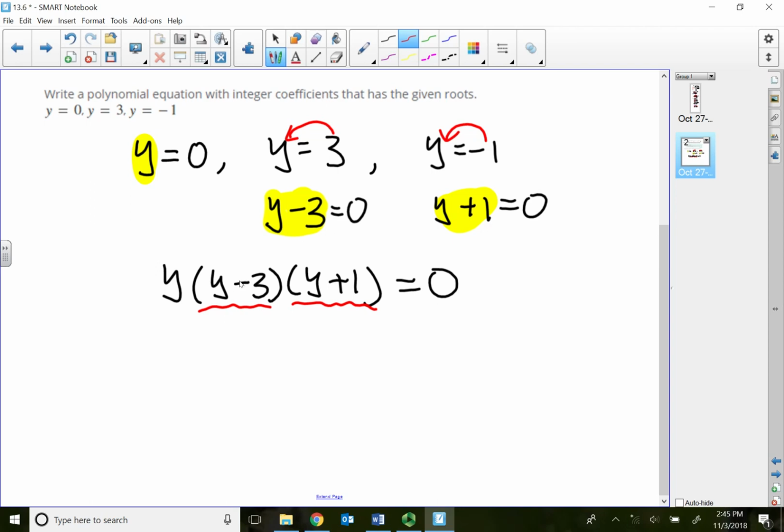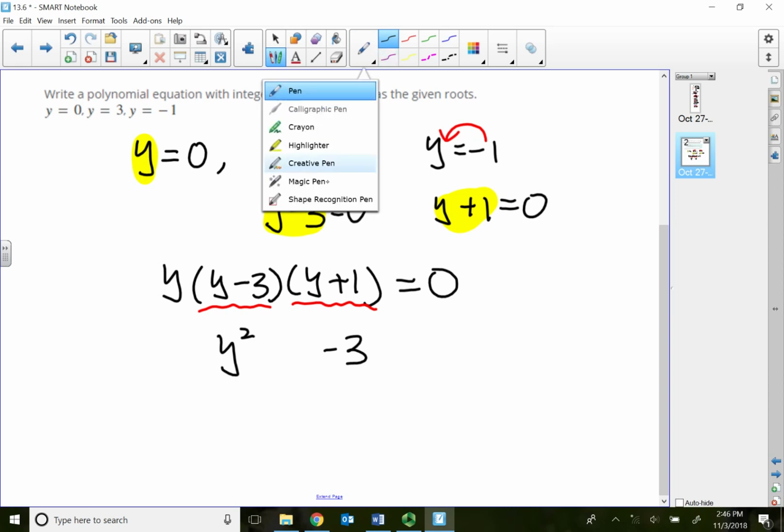So FOIL method says the first thing I do, y times y is y squared. The last thing I do is negative 3 times positive 1, which is negative 3. All right, remember, FOIL method is a shortcut. We're supposed to do this just by looking at it. So here we go. The middle term comes from the inner and the outer combined.